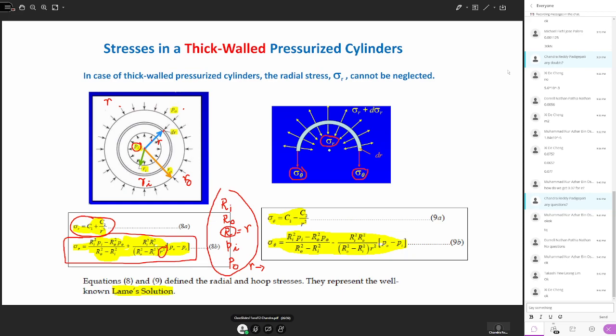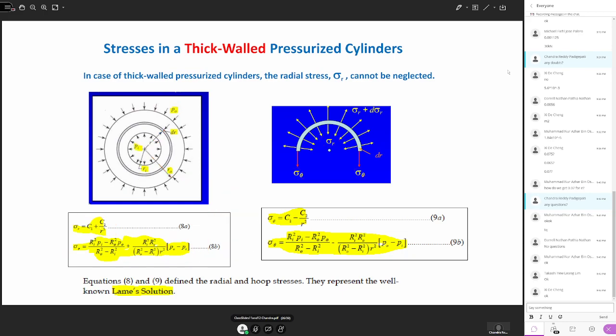For memorizing easily, you can write radial stress as C1 plus C2 over R square and tangential stress as C1 minus C2 over R square. What is C1? C1 is Ri square Pi minus Ro square Po over Ro square minus Ri square.